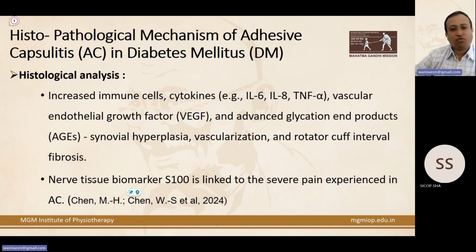In addition, they also found that the nerve tissue biomarker S100 was present in those tissues, which may be linked to the severity of pain expressed in patients with adhesive capsulitis. So these histopathological studies also confirm that diabetes is associated with adhesive capsulitis.